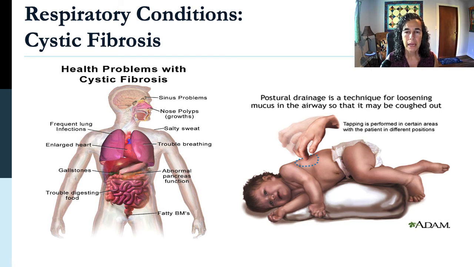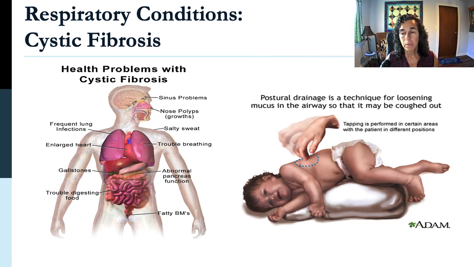The child may have problems with their sinuses, with their lungs. They may have an enlarged heart. There's difficulty digesting food because that mucus is in that system. The pancreas doesn't function well. One sign is fat in bowel movements, and it is a progressive disease.